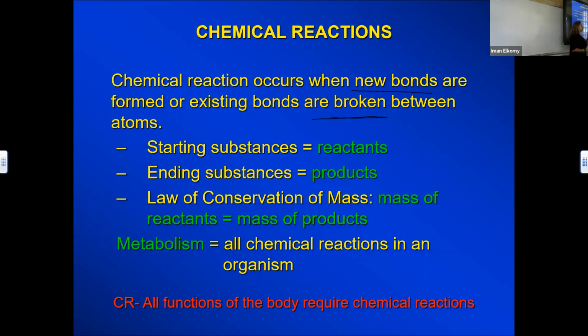Those are all done by chemical reactions, whether you're bringing two things together or separating two things away. Anytime you go to the courthouse, whether it's for marriage or divorce, that's a chemical reaction. Okay? Now, my starting substances, what I start with, will always be my reactants. My ending substance, what I end with, is called my products.